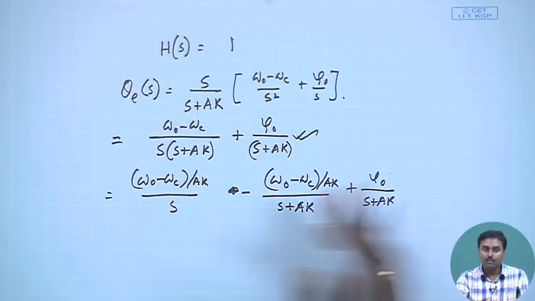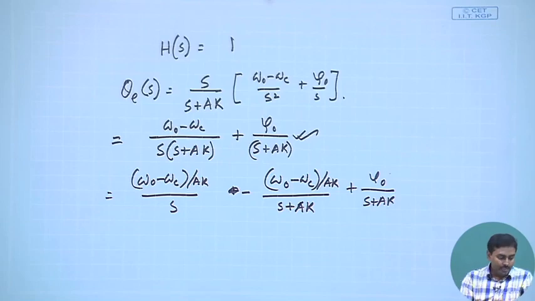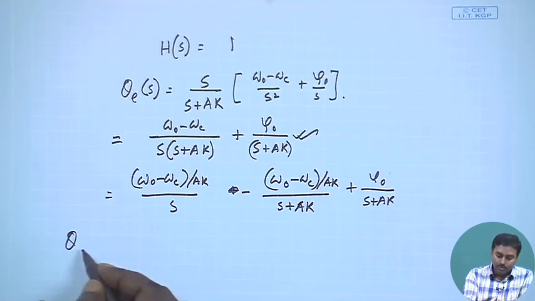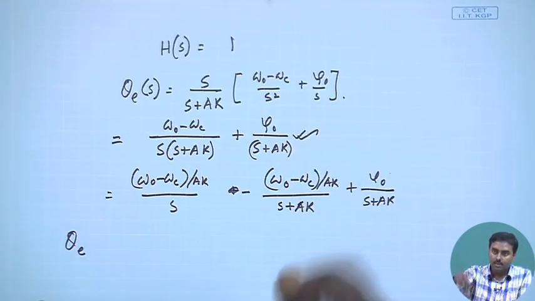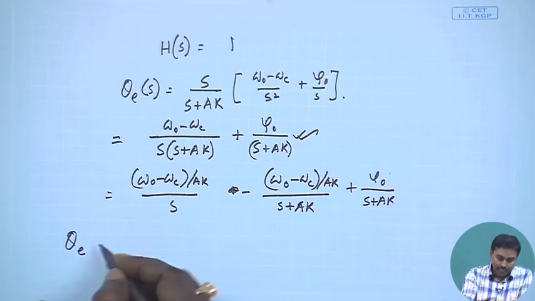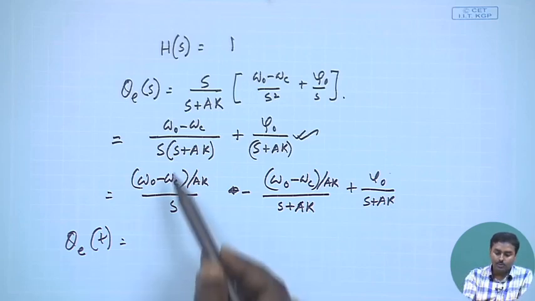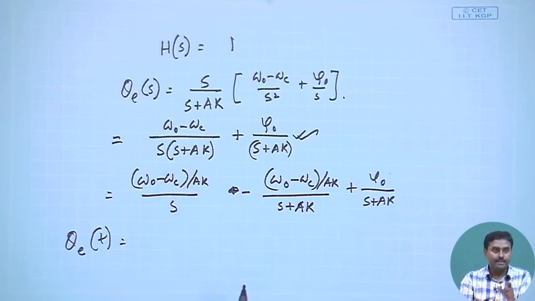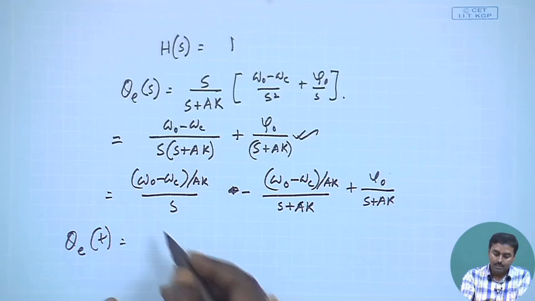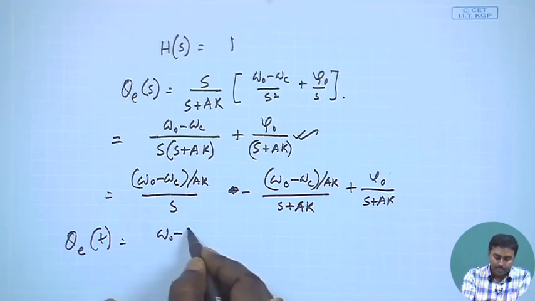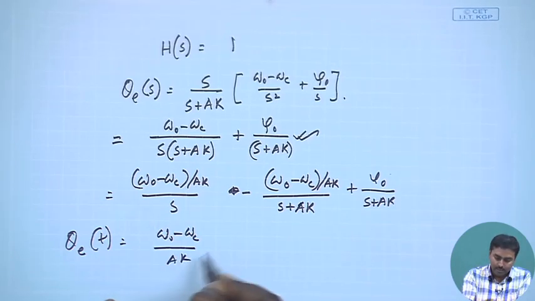So, this is a valid representation, and immediately, from the list of Laplace inverse transforms, I can evaluate this. Whenever it is just 1 by s, it stays as that constant, so it should be omega 0 minus omega c divided by a k.